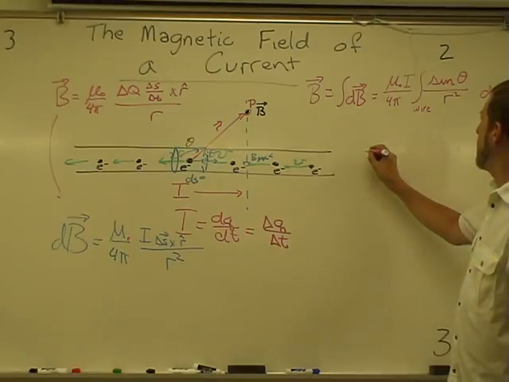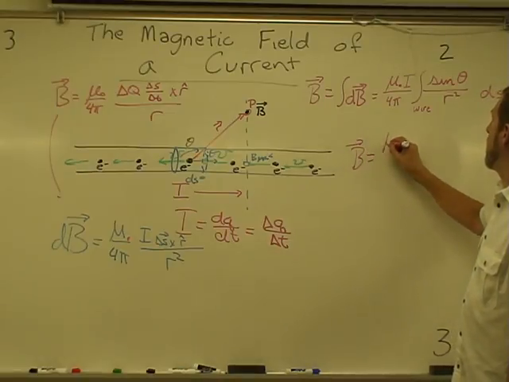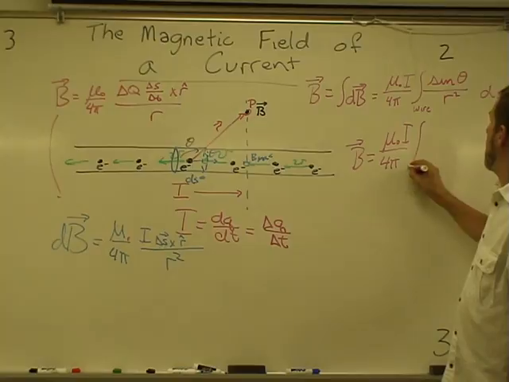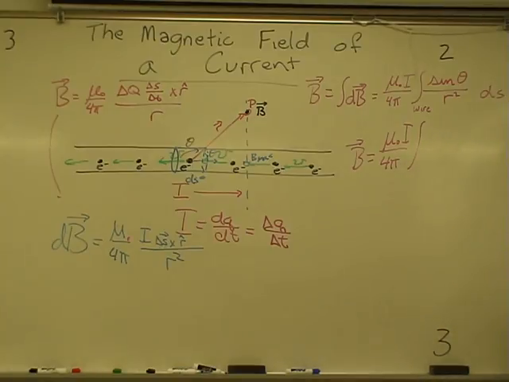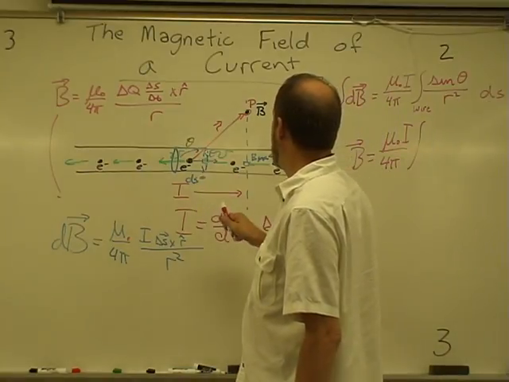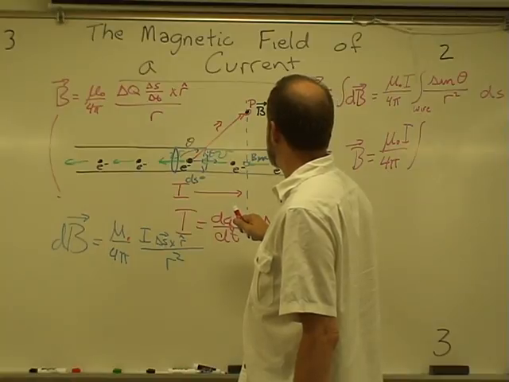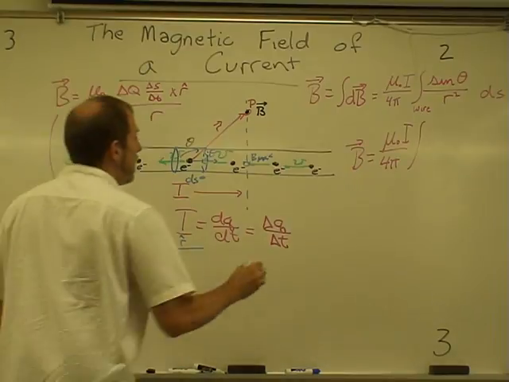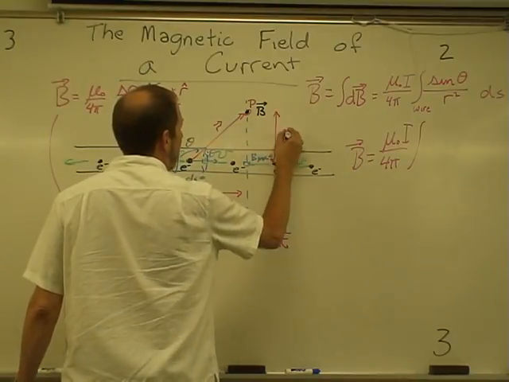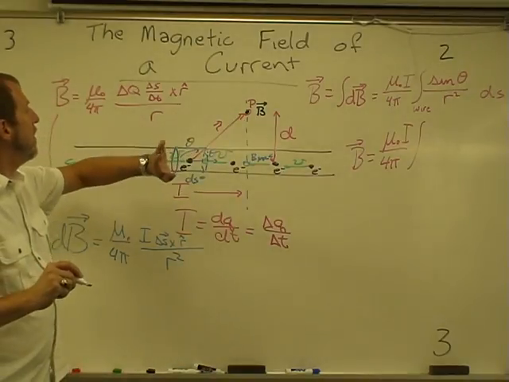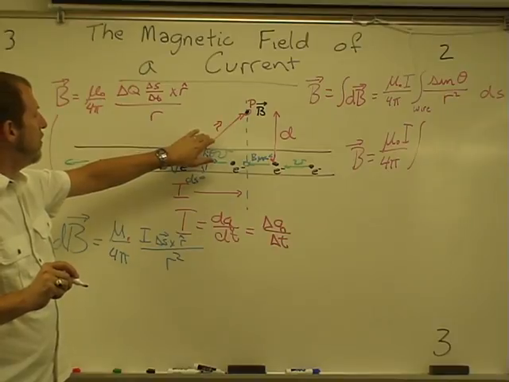When I write it like this, it is helpful because if I have defined this as theta, and that distance is d, then the sine of theta is equal to the opposite over the hypotenuse.